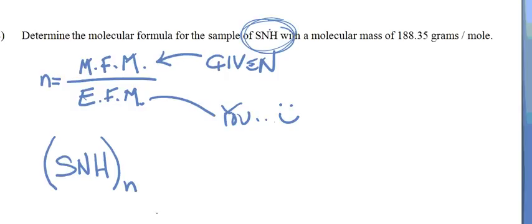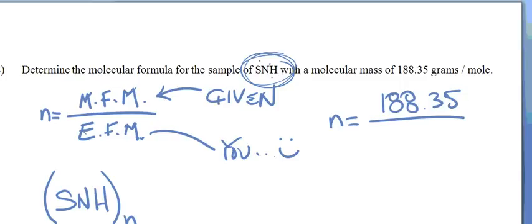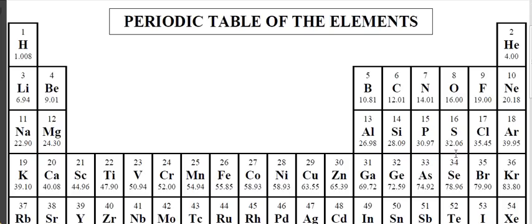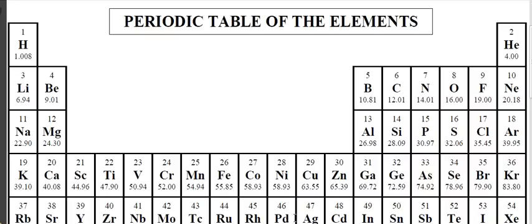All right, so let's get right to this. You're given the molecular formula mass, which is 188.35. We are not given the empirical formula mass, so we need to find out what that is. Sulfur has a molar mass of 32.06 grams. Then there's one nitrogen, which is 14.01.